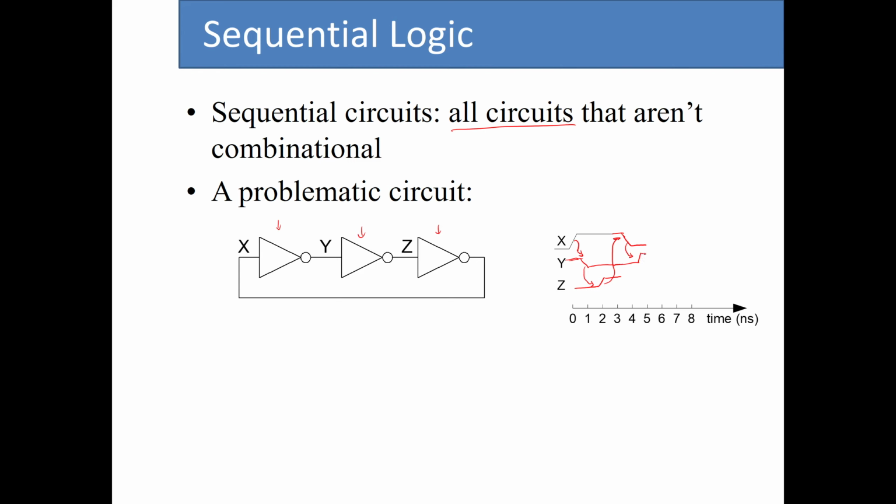This change triggers Z to change from 1 to 0. And then you can see that this procedure repeats indefinitely. At first X changes from 0 to 1, that makes Y change from 1 to 0, that makes Z change from 0 to 1, that makes X change from 1 to 0, and then this process is repeated indefinitely. So that's an example of an astable circuit.